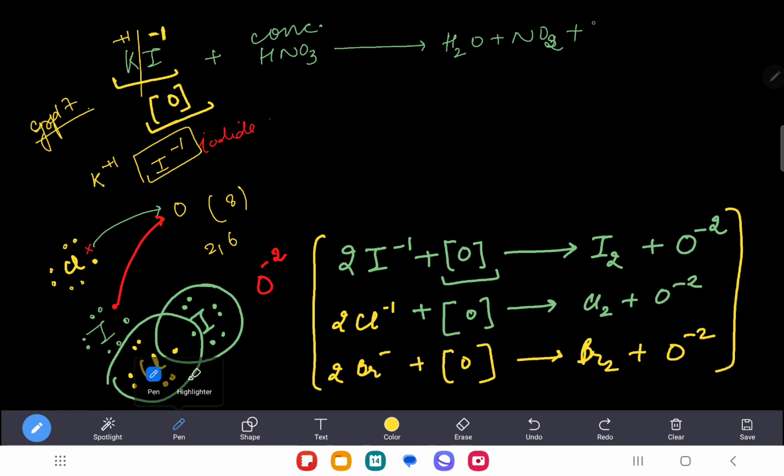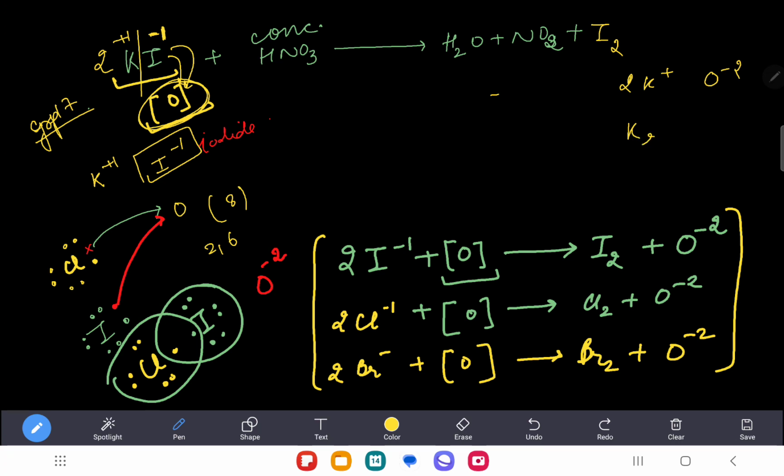So it is going to form I2. So I should first of all take 2KI, because then only 2KI shall break into 2K plus and 2I negative. And then we are left with what? We are left with I negative. So 2K plus is there and there is one O minus 2, because this oxygen has taken 2 extra electrons from iodide.